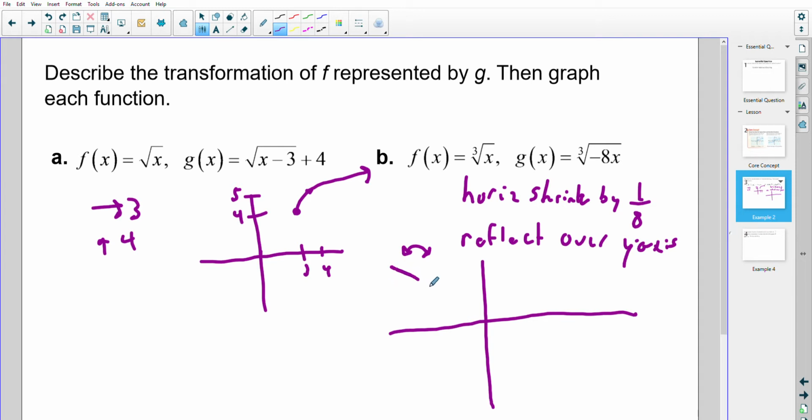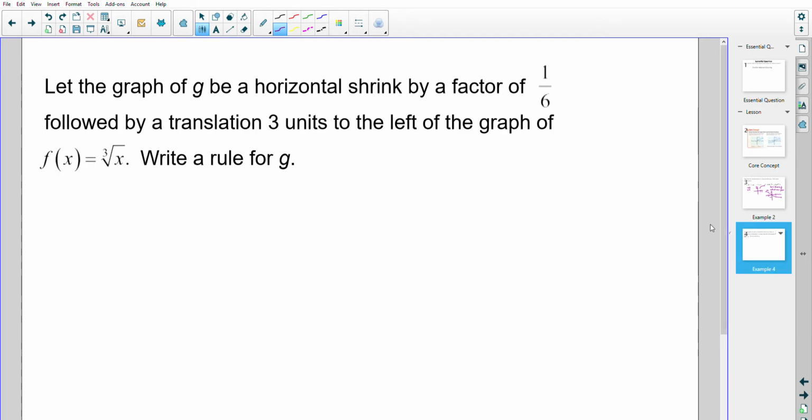It's going to be coming down, and then it's going to be coming back like that, real wide. And you want to put a couple points in there. A good point would be where it's 1. 1 means -8. The cube root of -8 is -2. So your 1, -2 works, as well as -1, +2. And that graph is enough to understand that you know what you're doing.